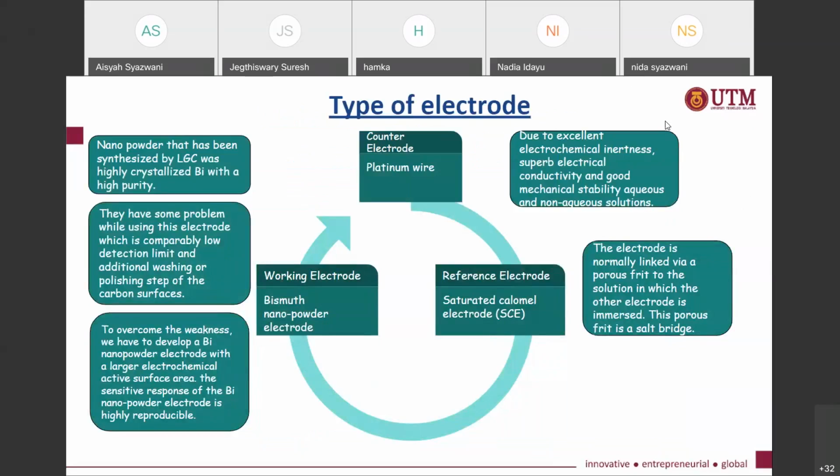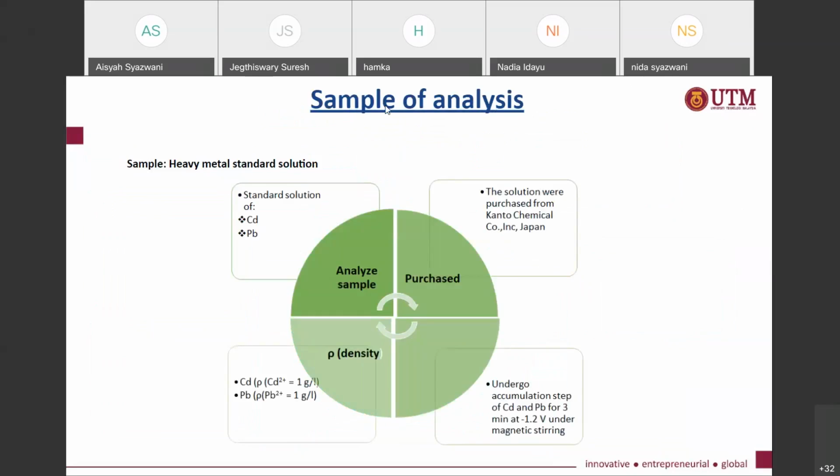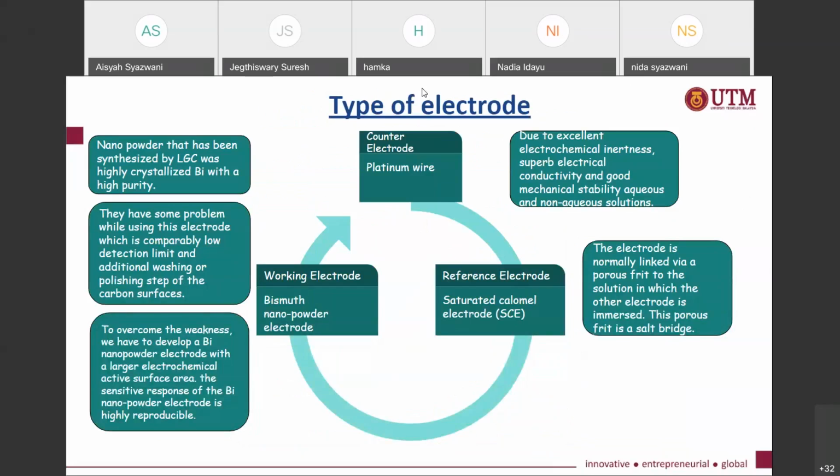So there are three types of electrode used in this study: working electrode, counter electrode, and reference electrode, which were Bi nanopowder, titanium wire, and saturated polymer electrode SSCC respectively.